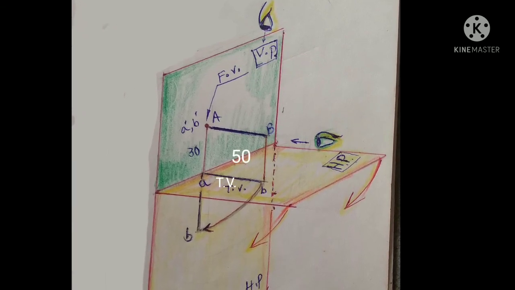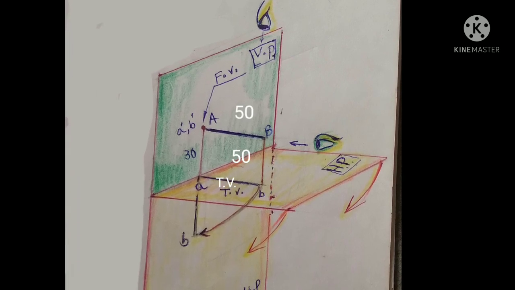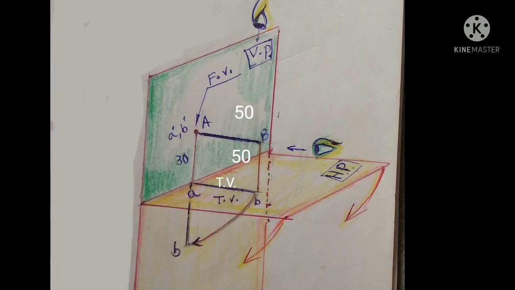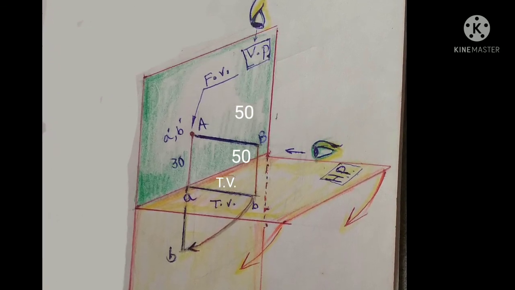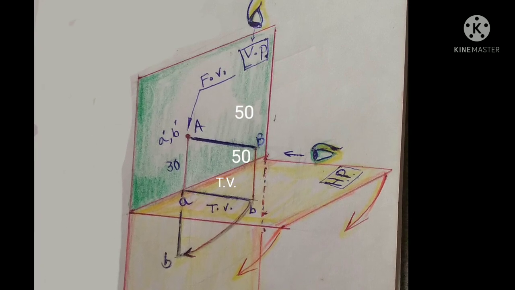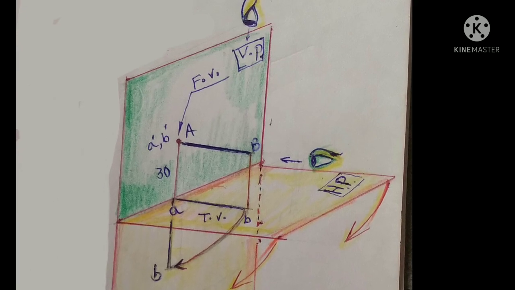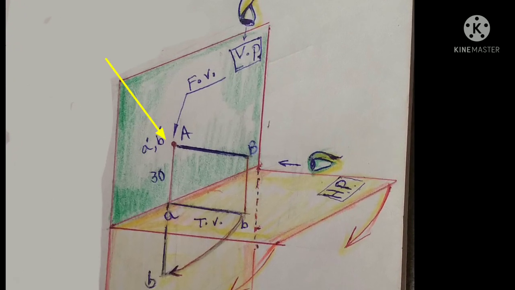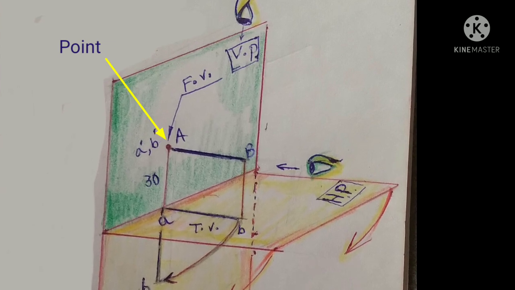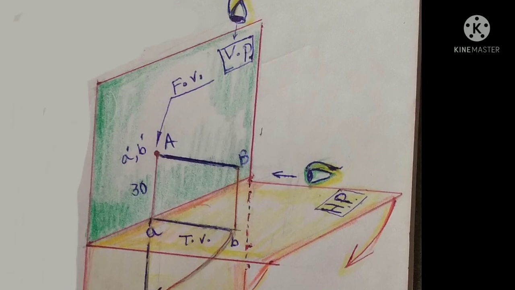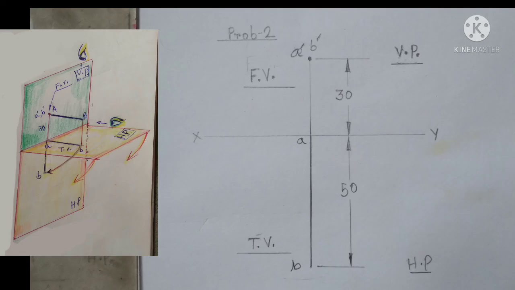So the top view will be the true length of the line, that is 50 millimeter, because it is parallel to the HP. And if we see the line from the front, we will see no line, only a point, so the front view will be a point. So here is the orthographic projection of this line, which you have to draw in your drawing sheet.